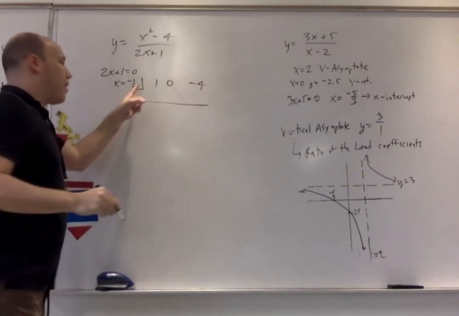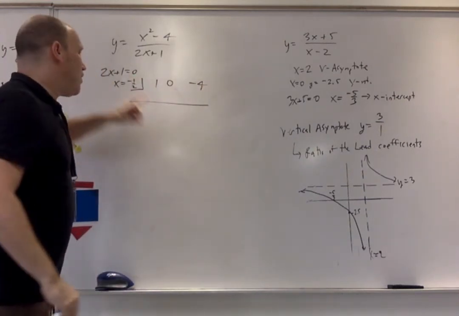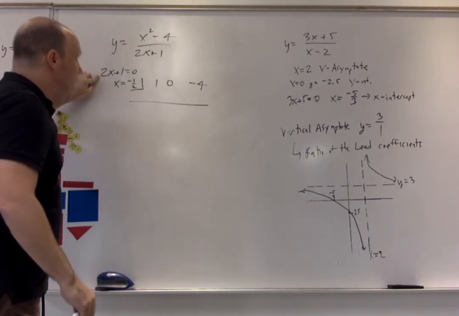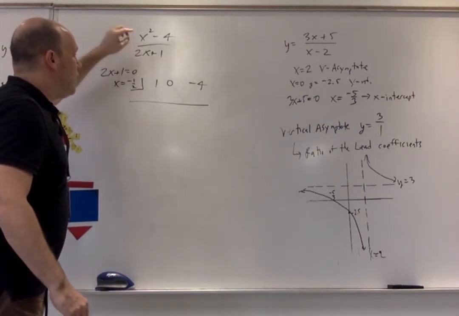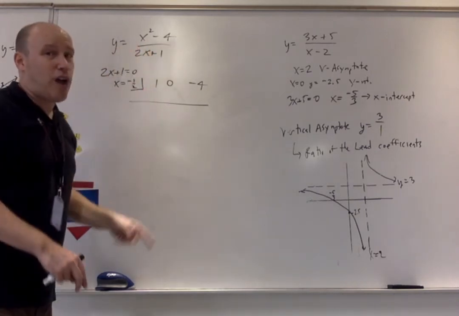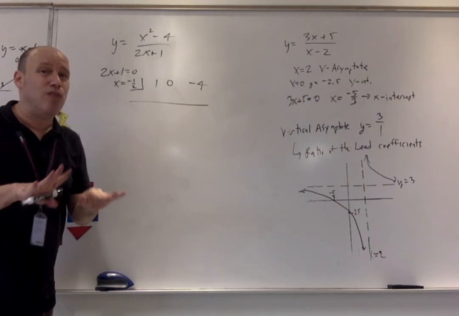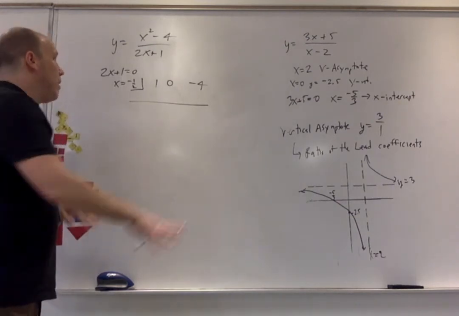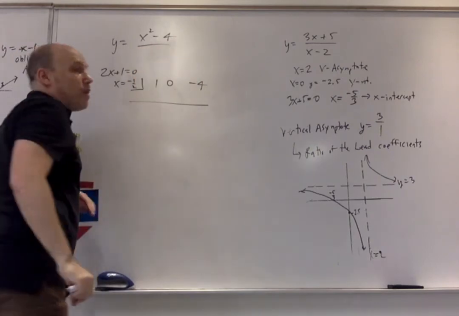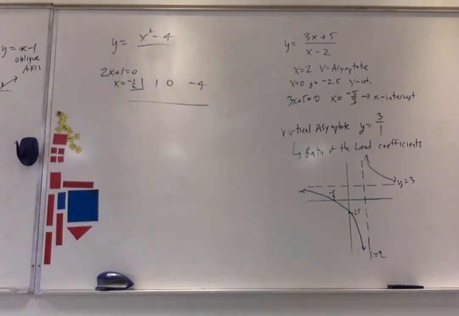This won't work. The only way you can do synthetic division is if the divisor has 1 as the lead coefficient. I didn't know that until yesterday. So I can't give you that problem, but we can do another one.